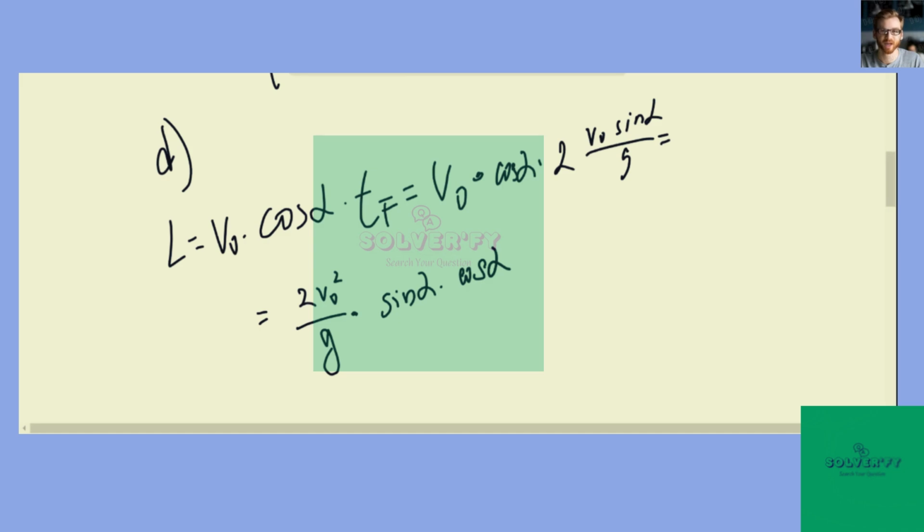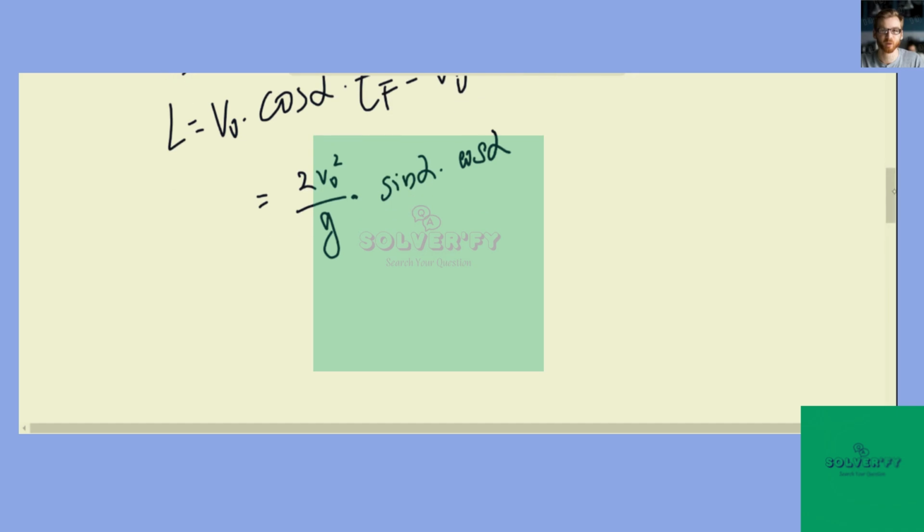So basically here we need to find angle beta, which has the same product of sine alpha and cosine alpha.